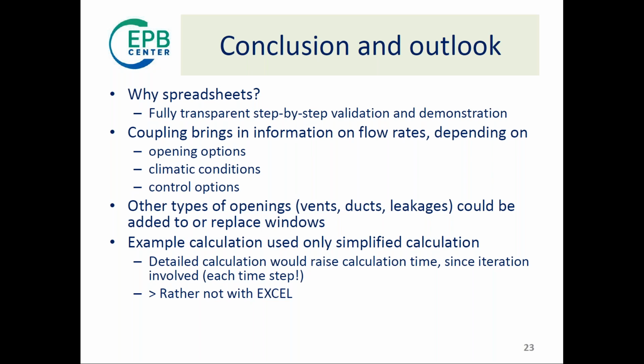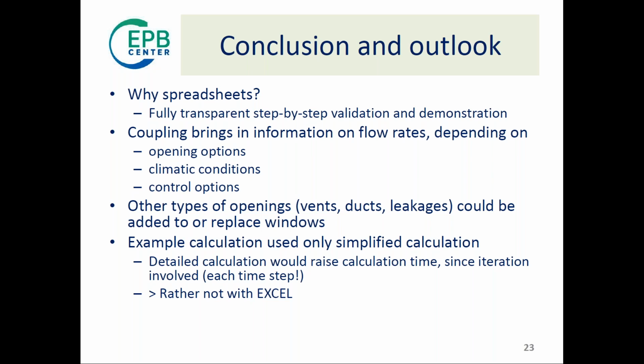The example calculation used only the simplified calculation. There would be the possibility to use detailed calculations, but this would raise calculation time because of the iteration involved. At each time step, this single calculation on the natural ventilation would iterate, and you would rather not do that with Excel.